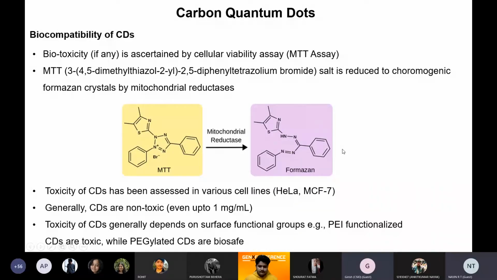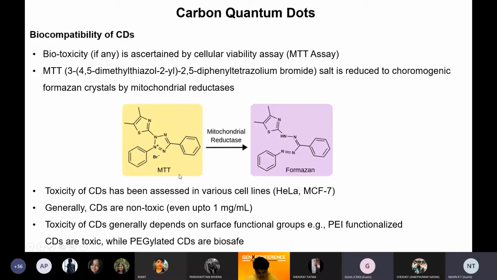In general, the toxicity of carbon dots has been studied immensely in in vivo models as well as in cell lines. For example, HeLa or MCF cells, they are generally non-toxic, and people have found that if the functionalization of the carbon nanodots is properly done, then they could be safe even up to 1 mg per ml concentration, which is a very high concentration.